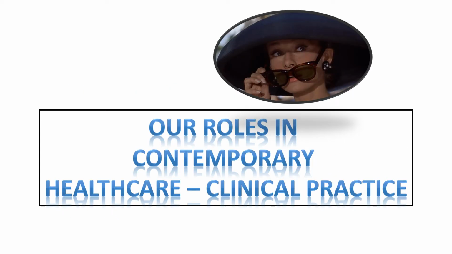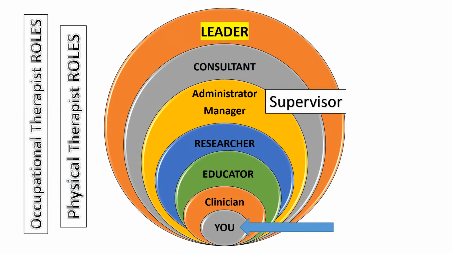When we think primarily of our roles in clinical practice, we tend to think of ourselves as a clinician. And currently, if you look at this Venn diagram, you right now as a student are pretty focused on how you can be that great clinician.